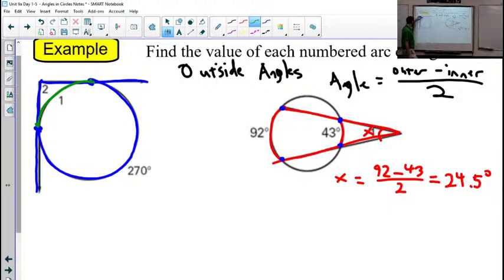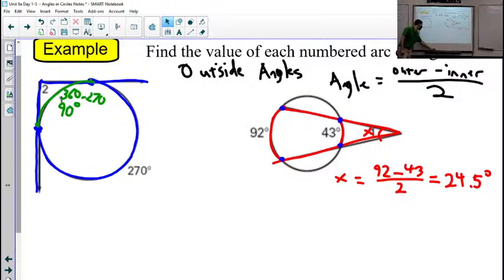So the other part of it is going to be 360 subtract off the part I already have, which is 270, which I get 90 degrees. So that is my inner arc. Outer minus inner over 2.